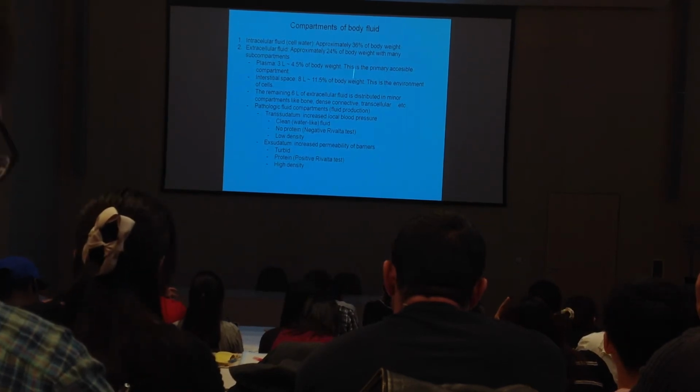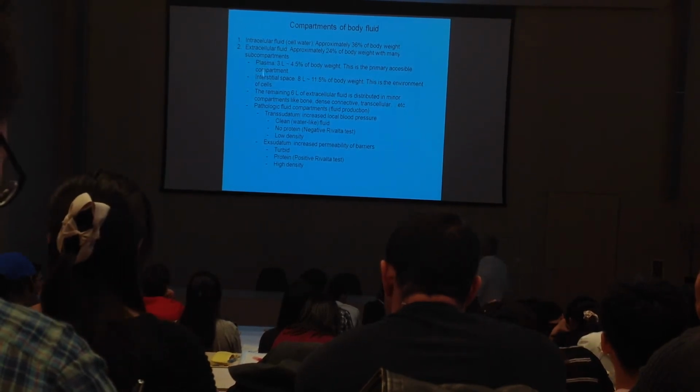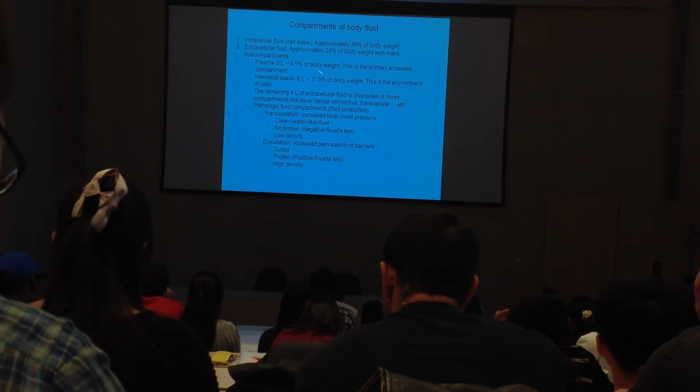Interstitial space is defined as the extracellular space in close proximity with the cells. Not a really sharp definition, I think we agree. However, because of diffusion properties, this term is frequently used. This is the largest subcompartment of the extracellular fluid.